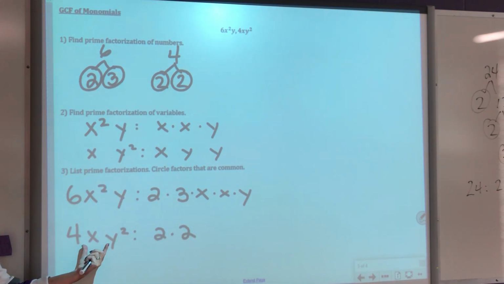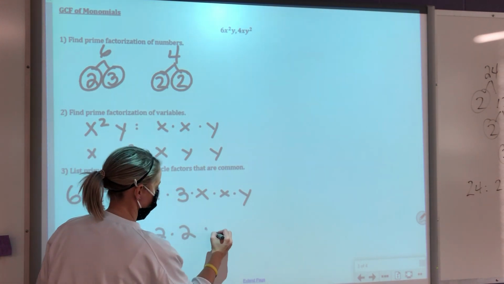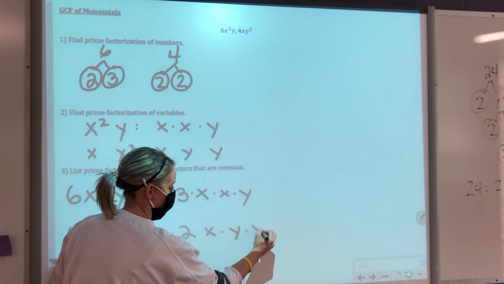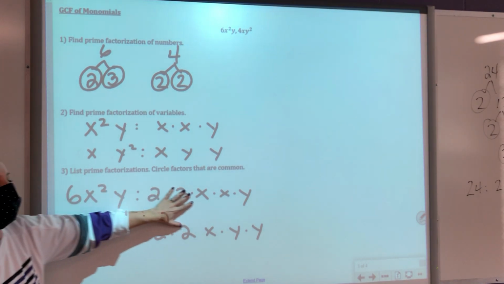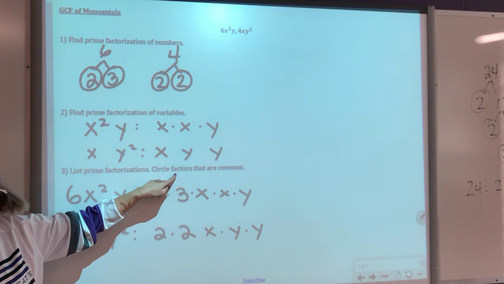And what's the prime factorization of xy squared? x times y times y. So all we're doing is we're expanding to find the greatest common factors.